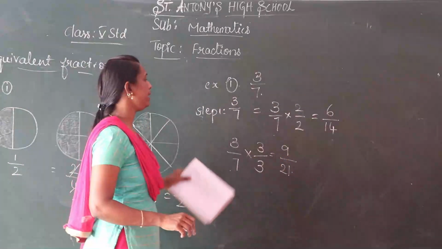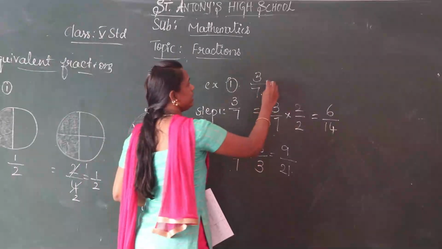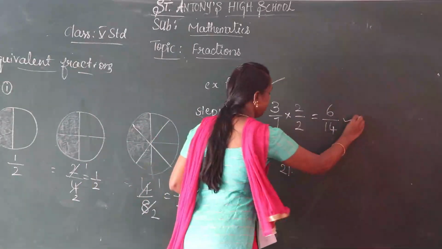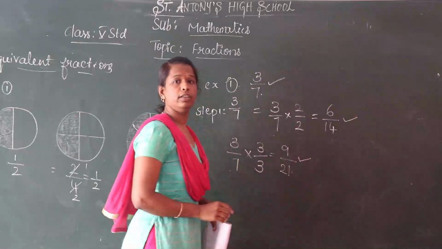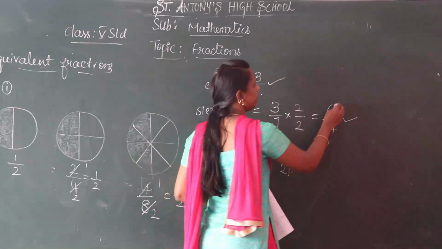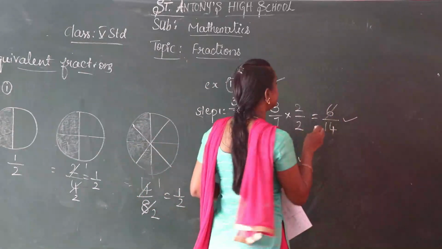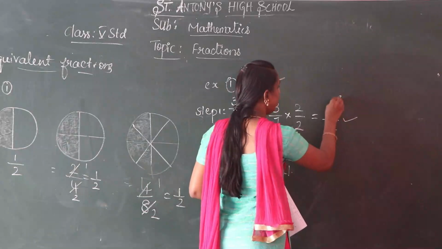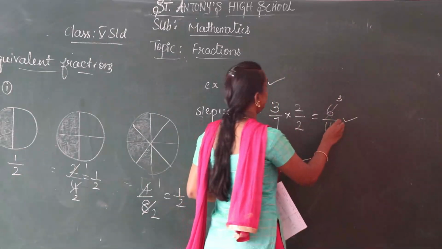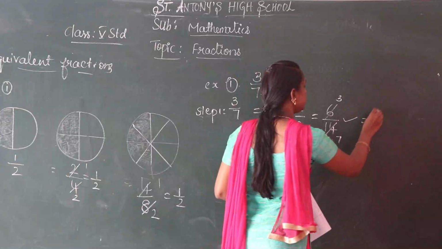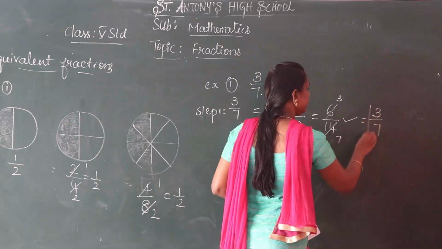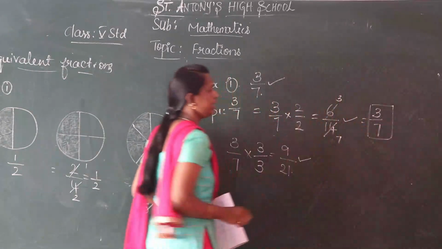3 3s are 9, and 7 3s are 21. So let us compare these three fractions: 3 by 7, 6 by 14, 9 by 21. Divide using 2, the table of 2: 2 3s are 6, 2 7s are 14. The answer is 3 by 7.